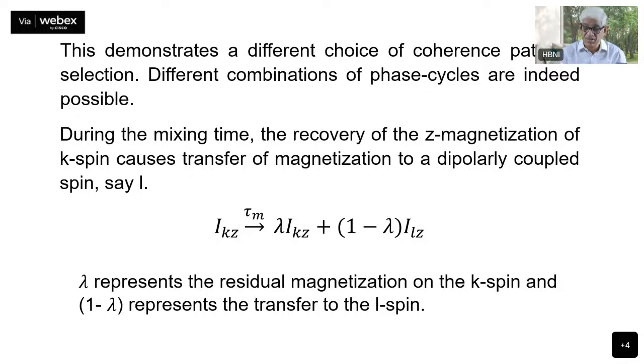During the mixing time, recovery of the Z magnetization of the K spin causes transfer of magnetization to a dipolar coupled spin L, let's say. Therefore, IKZ gives lambda IKZ plus 1 minus lambda ILZ, as I also schematically showed in the previous slide. Lambda represents the residual magnetization on the K spin, and 1 minus lambda represents the transfer to the L spin.